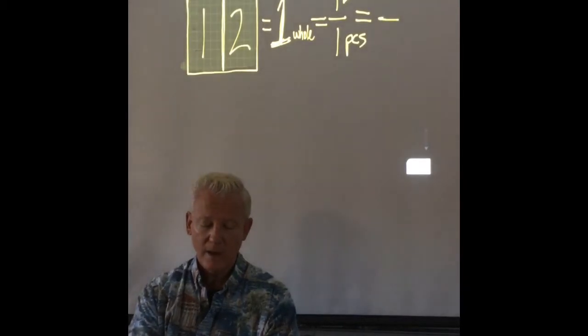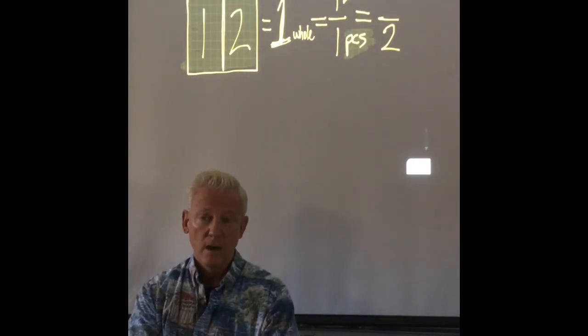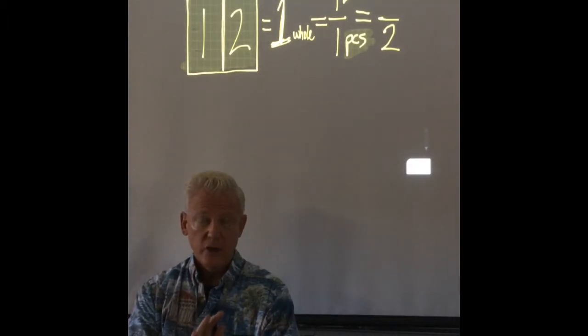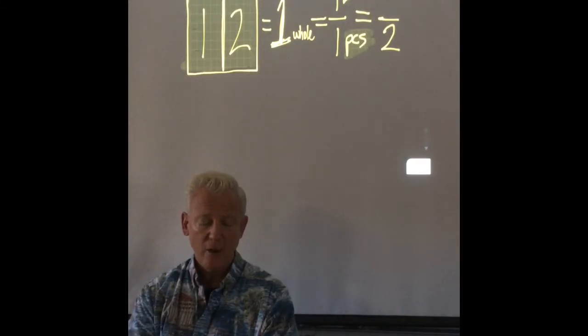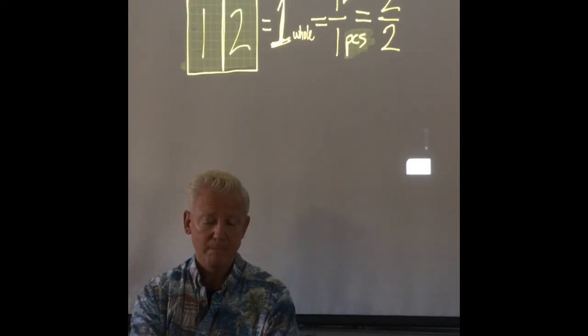Now notice the bottom number is how many pieces we have. So how many pieces do we have? Well, we have 2, right? And how many of those are shaded in? I hope you said 2, and you're correct. So we have 2. Do you see that it's still one whole? Do you still see that?